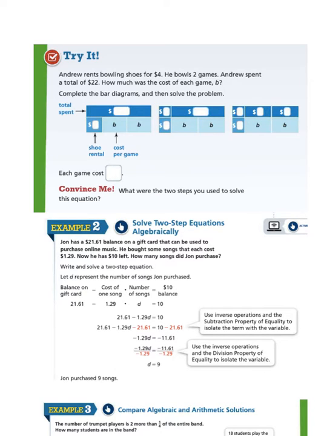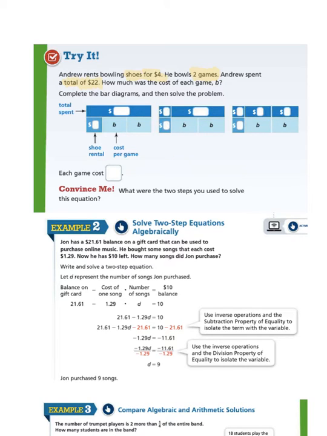So he rents the shoes for $4. He bowls 2 games, and he spent a total of $22. We want to know what the 2 games cost. So what we're going to do is we know he spent a total of $22.